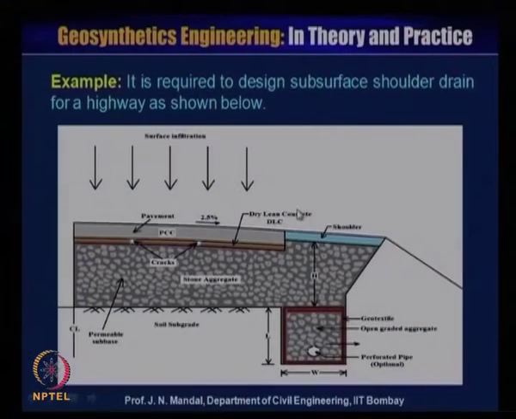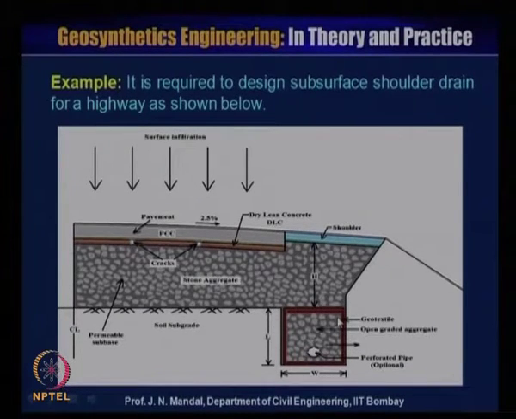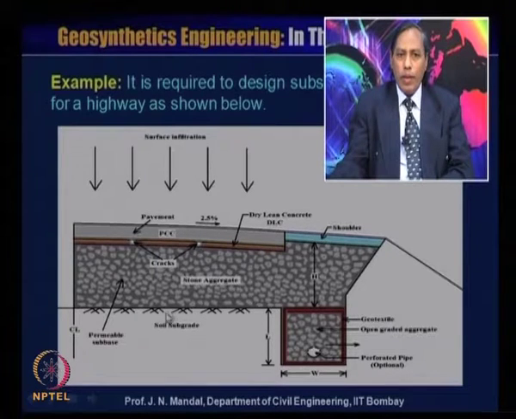Now, this is another example. It is required to design a subsurface shoulder drain for a highway. This is the highway as shown here. You can see here the red is the geotextile material, and inside that is open graded aggregate, and this is the perforated pipe, that is optional.